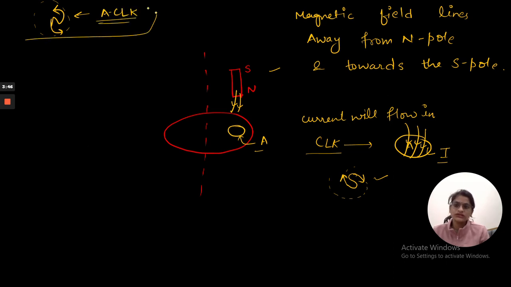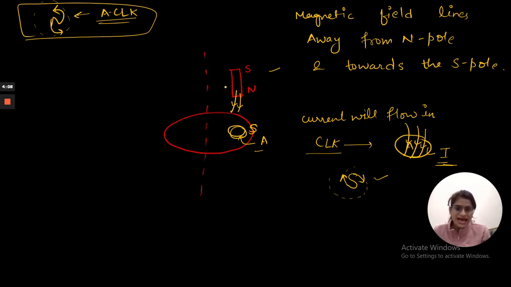Now in this question, this is the area element A, and the magnetic field lines are crossing this area, and the current is flowing in clockwise direction. That means the upper face of the disk, the small area element that we are considering, is acting as a south pole.